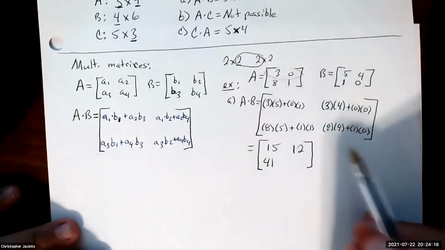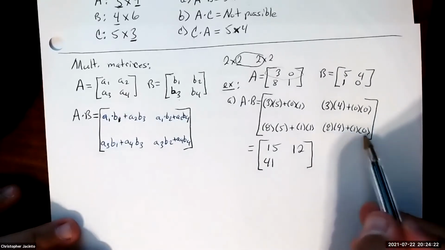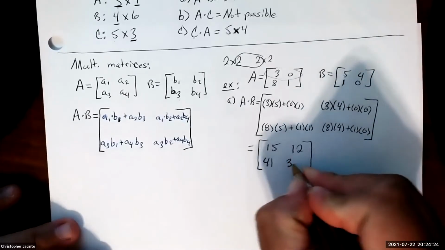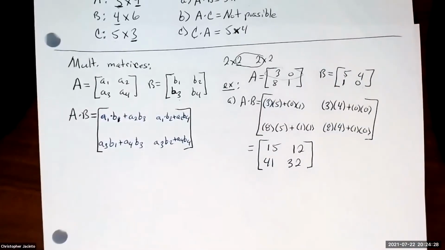And then finally, 8 times 4 is 32, plus 0, so it's just going to be 32. So that is the answer. We multiply A times B together. Any questions?